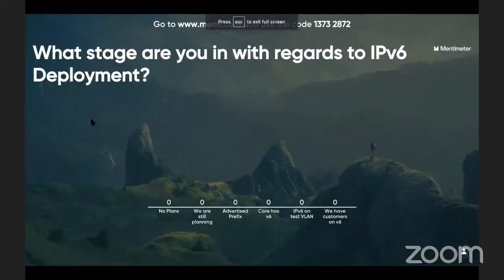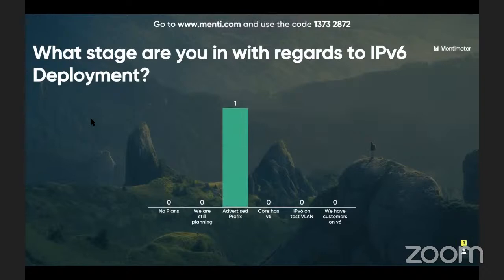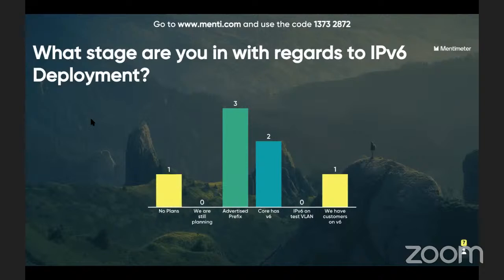We'd just like to know, from your perspective, what stage you are in regarding IPv6 deployment. You don't have plans, you're still planning, you've at least advertised your prefix, you have your core on V6, or you have customers on V6. So only one person in here.